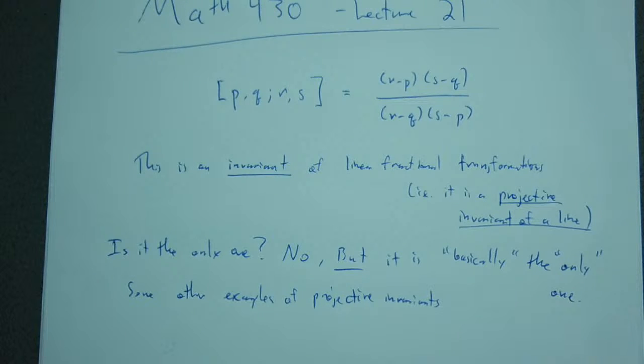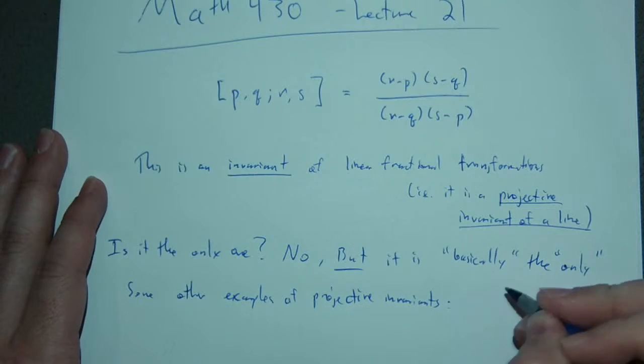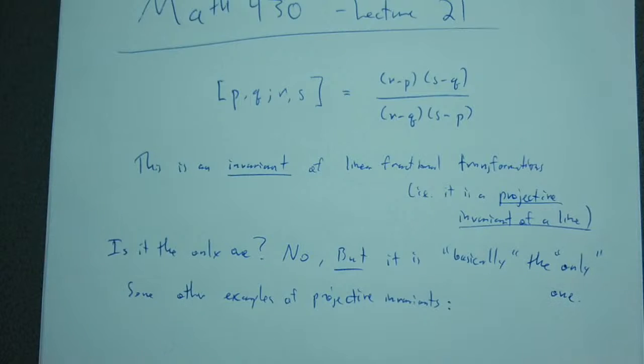These things are preserved, so those are the invariants in Euclidean space. The cross ratio takes the place of those more familiar invariant quantities.